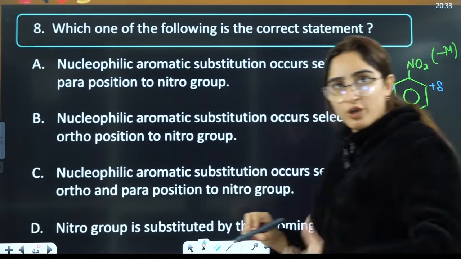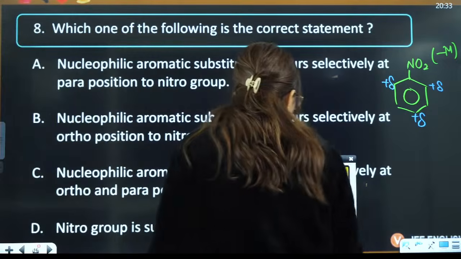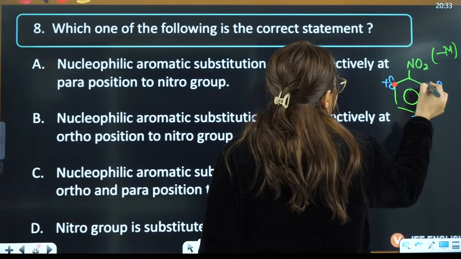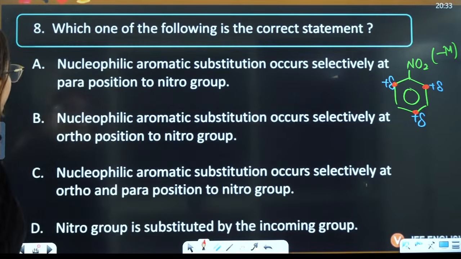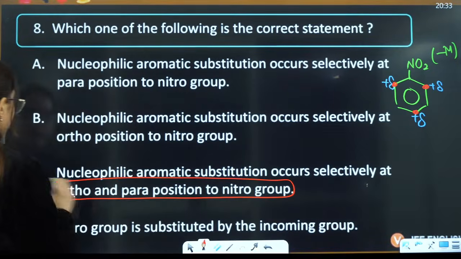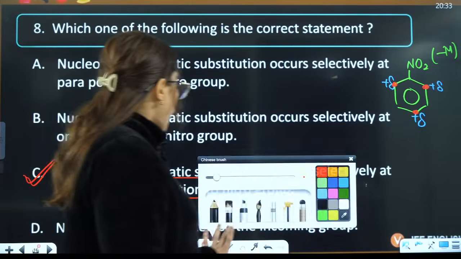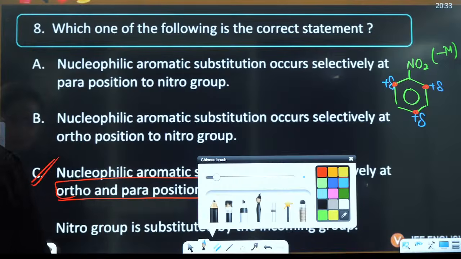That is why the nucleophile, which attacks a position of less electron density, will attack over here, right? So the answer is that attack will happen on the ortho and para position. So C is the correct answer here.